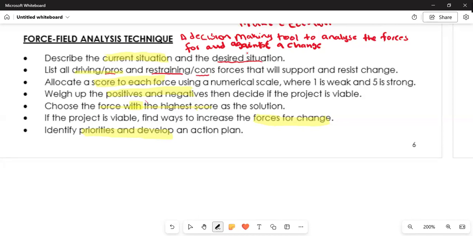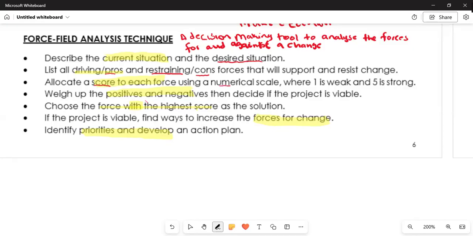Now we move on to another point. Allocate a score to each force using a numerical scale, where 1 is weak and 5 is strong. Now we are going to allocate a score to each force that we have talked about.